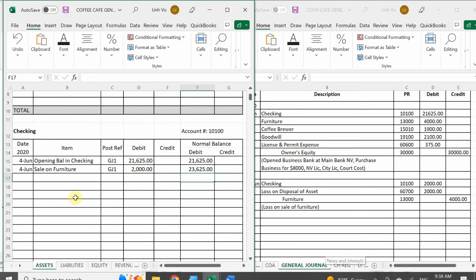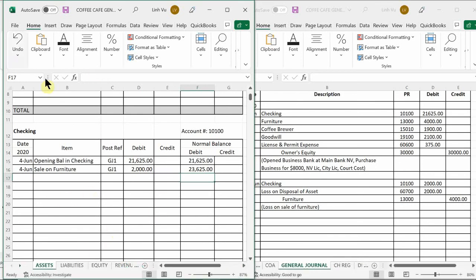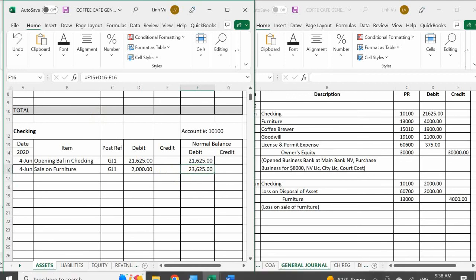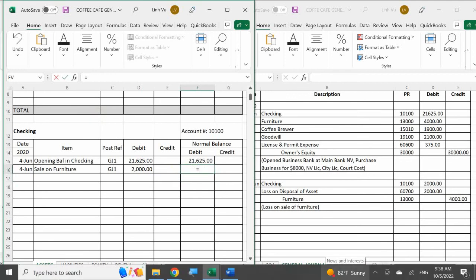Now, if you're using Excel, this is the formula that I want you to use, okay? I want you to go to the previous cell, which is the 21,625. In that very same row, I'm going to add $2,000, but at the same time I'm also going to subtract the credit.